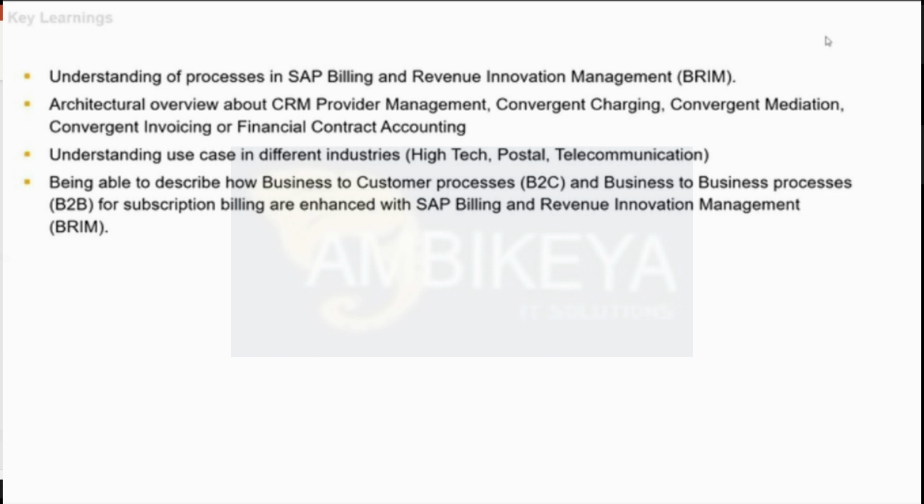To be honest, I'm not involved in license selling, but as far as I know, it's integrated in a BRIM license. It's technically integrated because you are able to design the process starting from the convergent invoicing, and you are able to use already integrated interfaces.